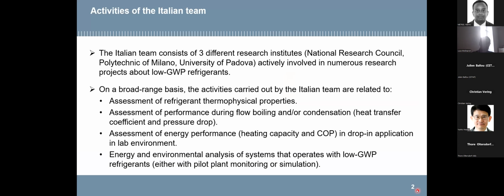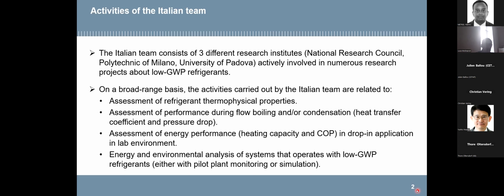The research we carried out spans from fundamental studies, such as the assessment of refrigerant thermophysical properties and of performance during flow boiling and condensation, basically heat transfer coefficient and pressure drop measurement. On the other side, we also carried out research on applications, such as the assessment of the performance of low-GWP refrigerants in drop-in applications in a lab environment, similarly to what CETIAT did.